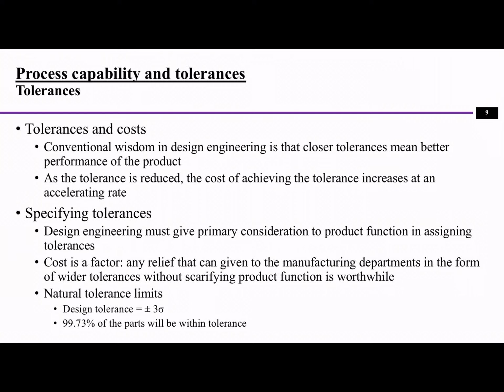If putting a more narrow tolerance will guarantee or make a better quality product, then it's okay to set a narrow tolerance. But the problem is it will actually add more production cost, because in order to make that kind of tolerance, we probably need a new process or even new equipment to achieve that.